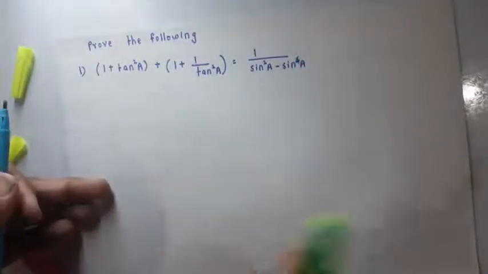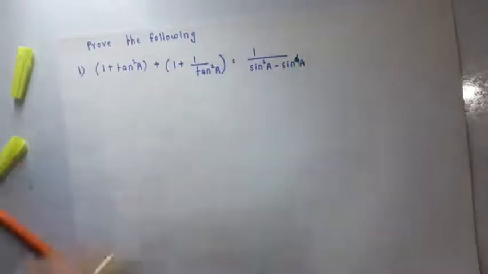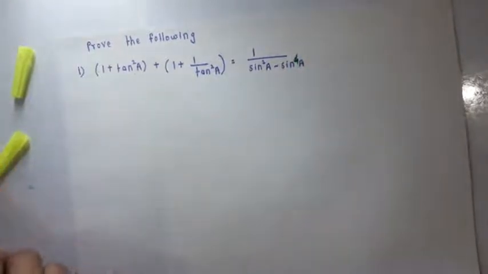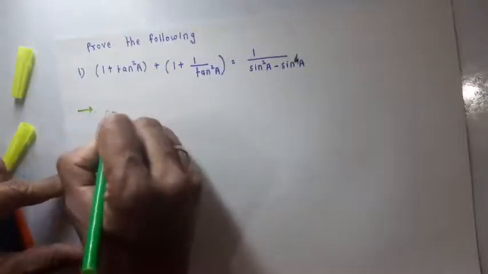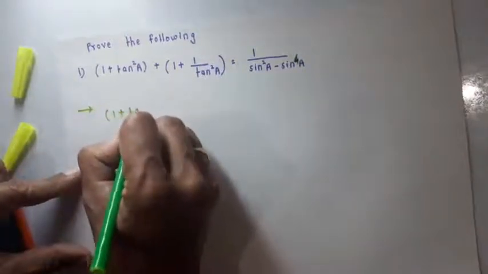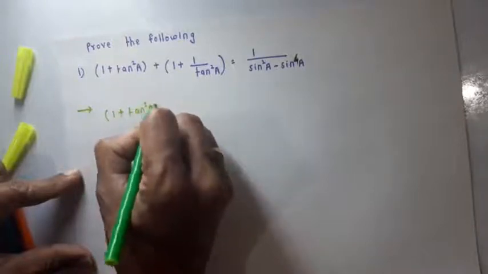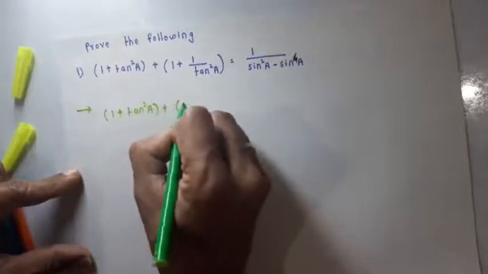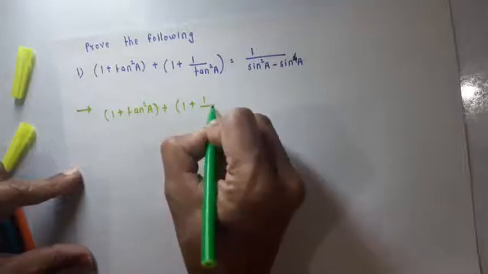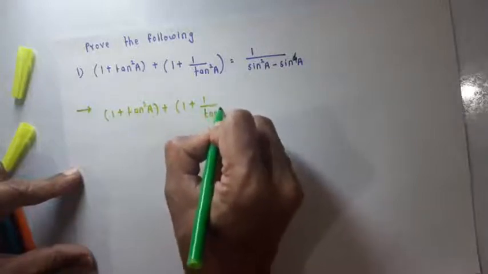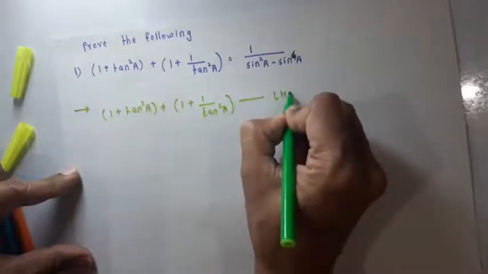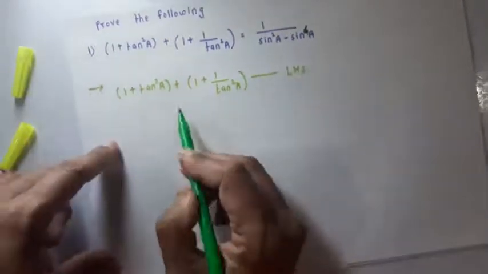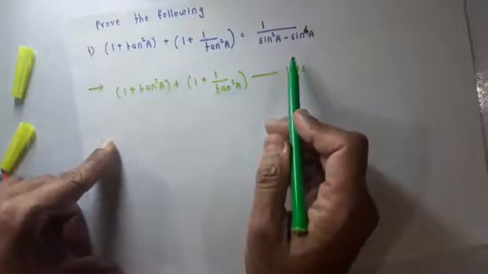Now let us consider the LHS. The LHS is 1 plus tan square A plus 1 plus 1 upon tan square A. Let us solve the LHS so that it will become the RHS.